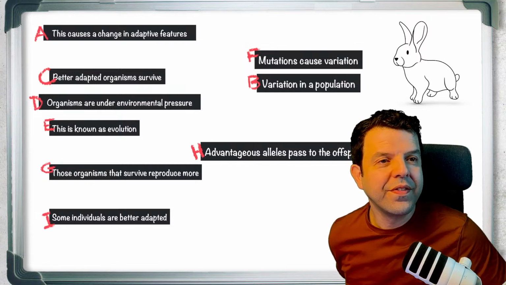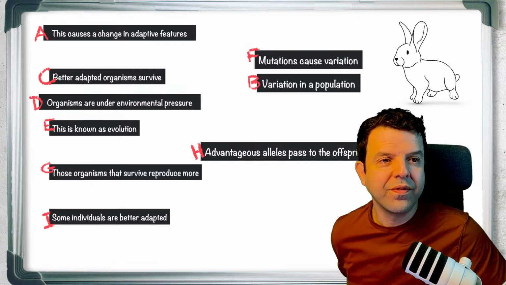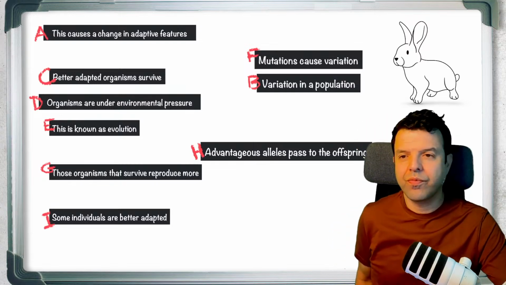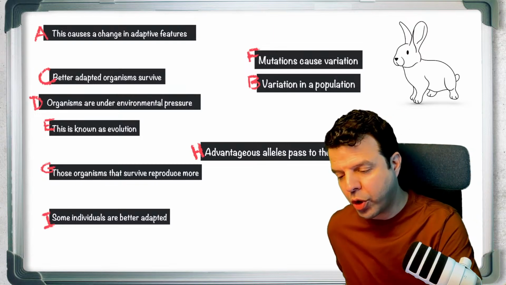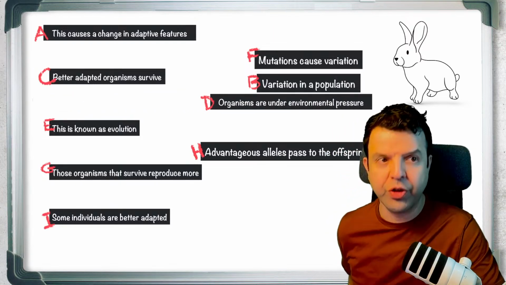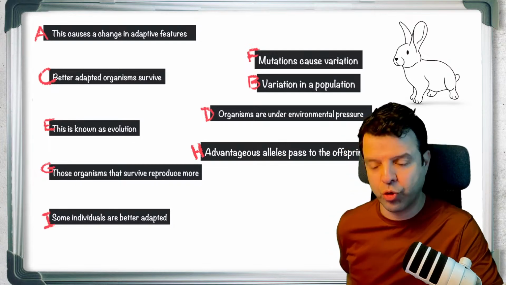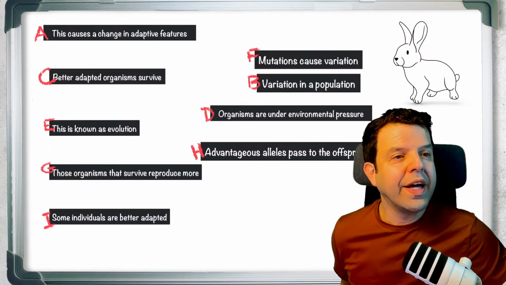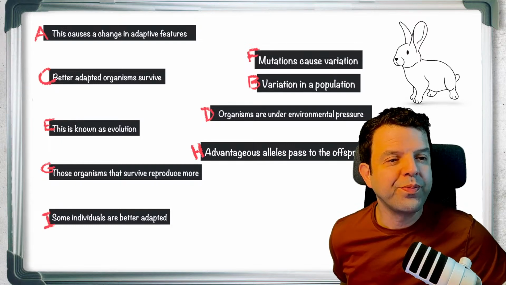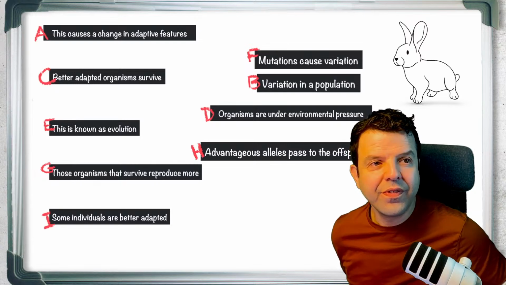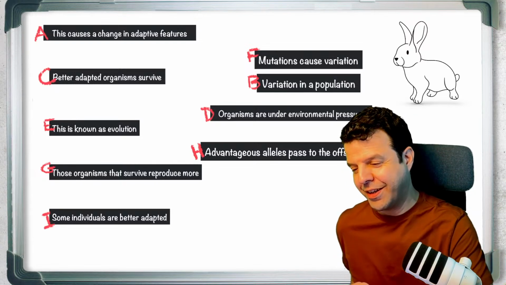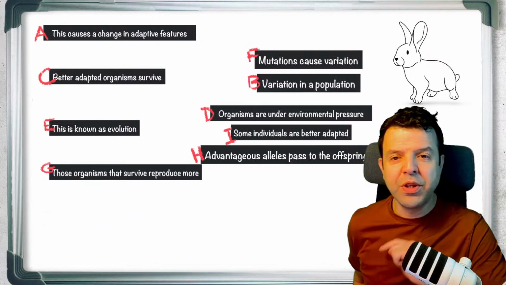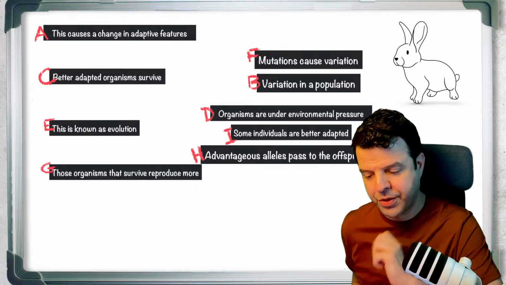Anyone? Here you go. Organisms are under environmental pressure. So there is always selection pressure from the environment that picks and chooses the better adapted. Anything? Any clue? Some individuals are better adapted. Okay. Yeah. Great minds think alike. So some individuals are better adapted.